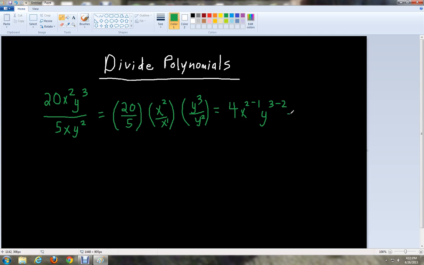Simplifying, 2 minus 1 is 1, and 3 minus 2 is also 1. So 4x to the 1, y to the 1, which is the same thing as 4xy, because x to the first is x, and y to the first is just y. So we have 4xy. Your answer.